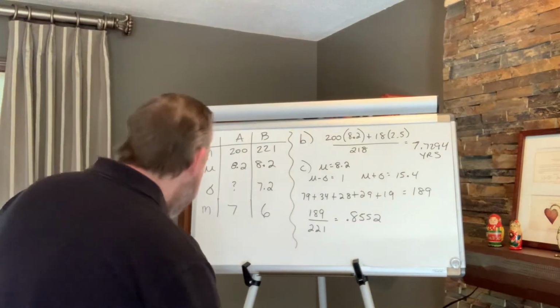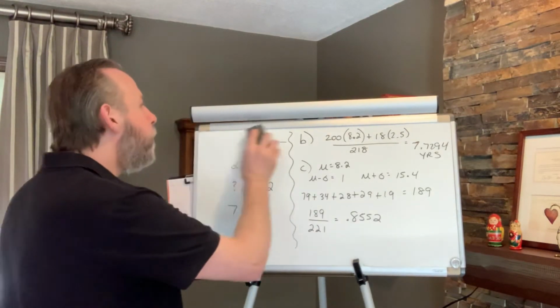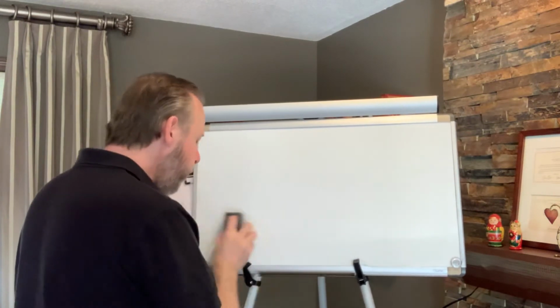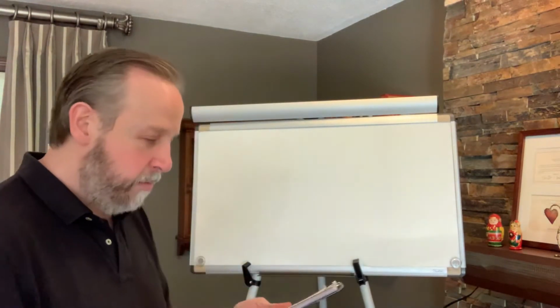Moving on to prompt number 6. All right, prompt 6 has a lot of parts to it. However, they're not really all that hard. 6A asks you to describe what a type 2 error was in the context.